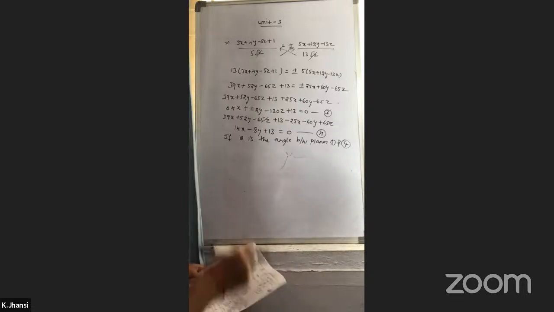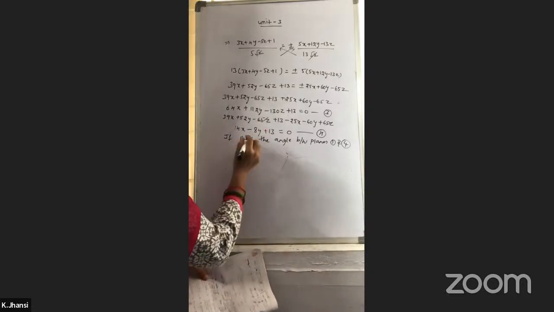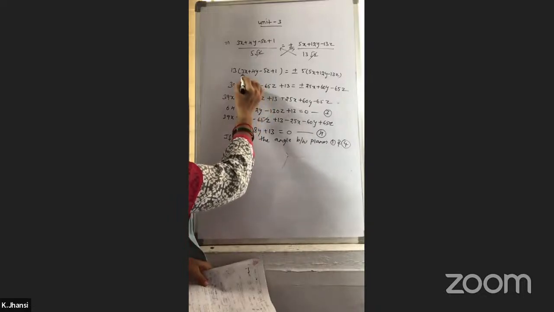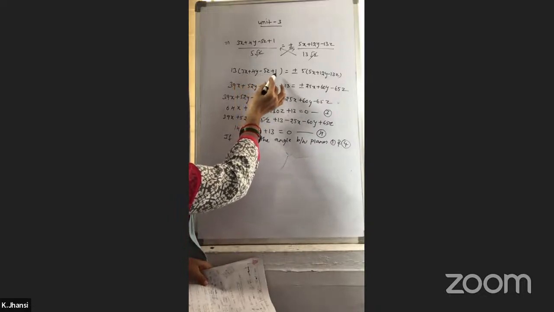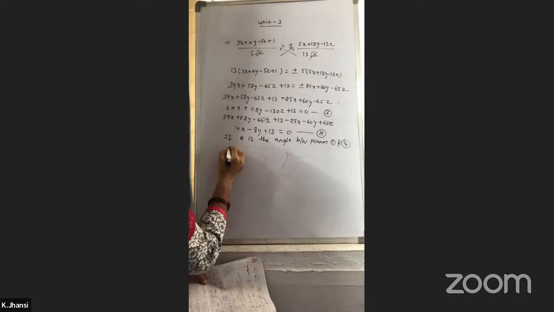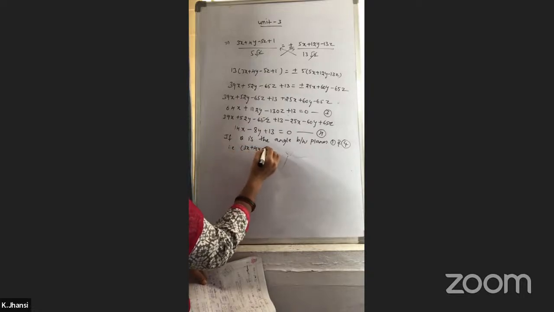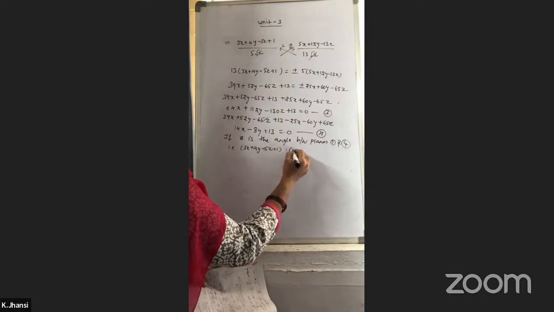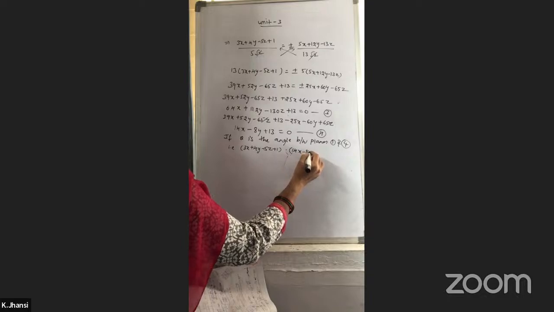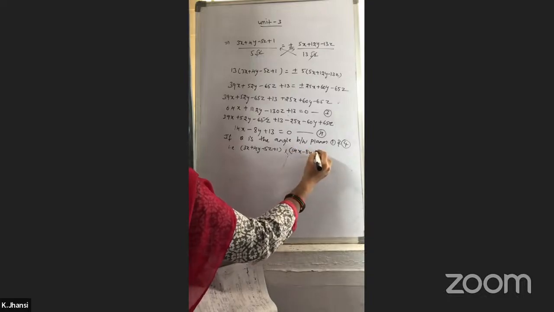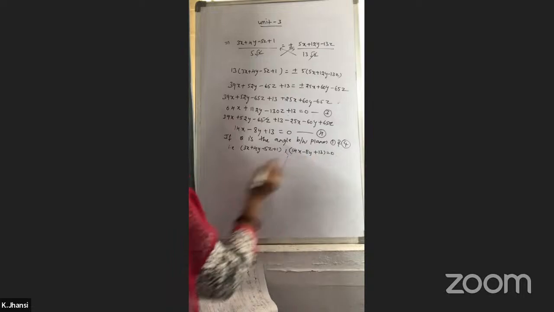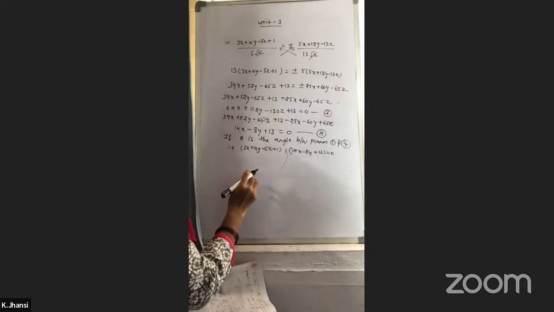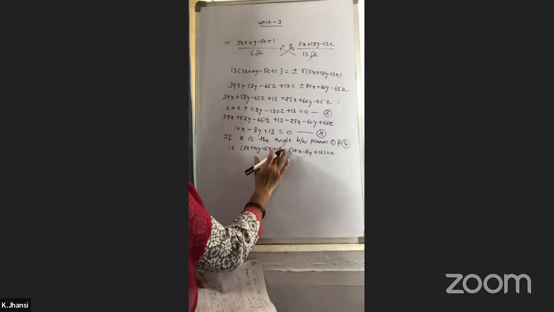So with the help of that, first equation is 3x plus 4y minus 5z plus 1, and the second one here is 14x minus 8y plus 13 equals 0. Here also it is equal to 0.